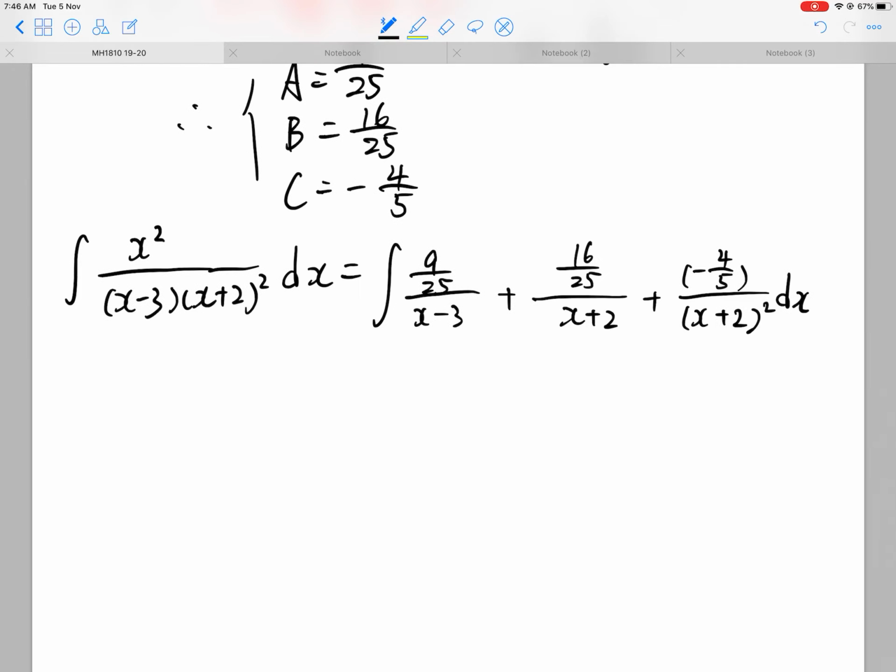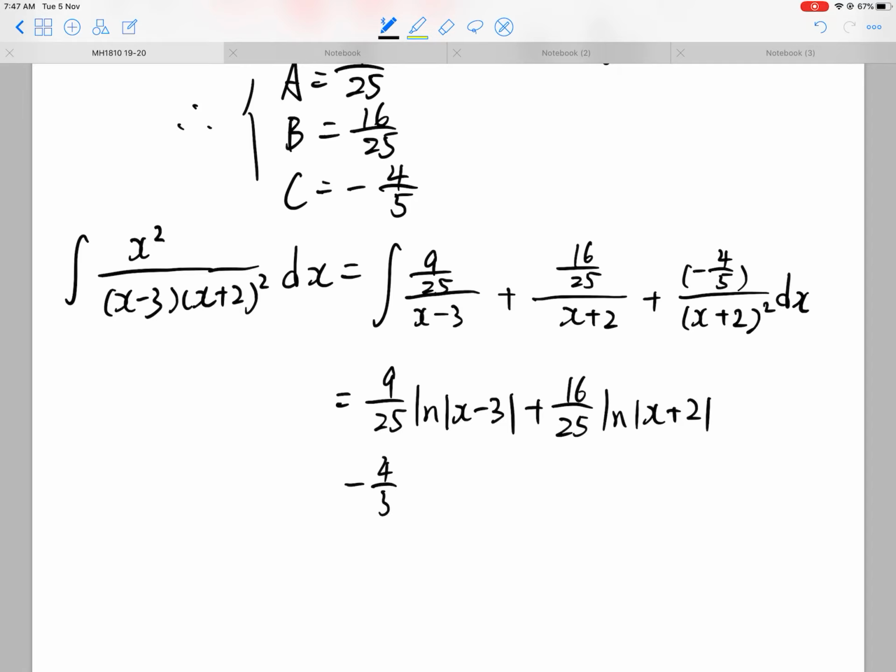Okay, and this integration is very easy. It's 9 over 25 ln absolute value of (x minus 3) plus 16 over 25 ln absolute value of (x plus 2). In this part, it's minus 4 over 5 times negative 1 over (x plus 2), plus c. So this is your answer.